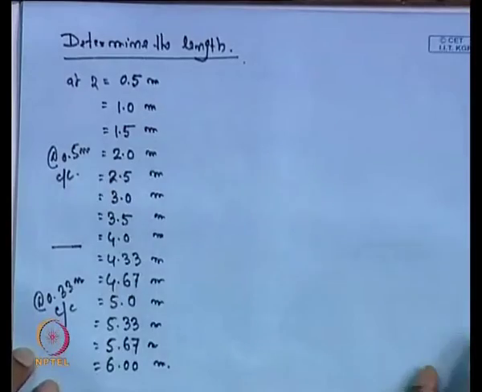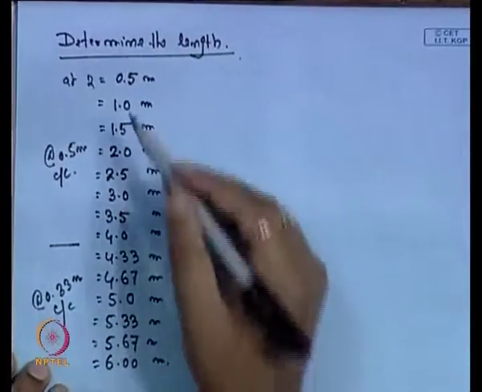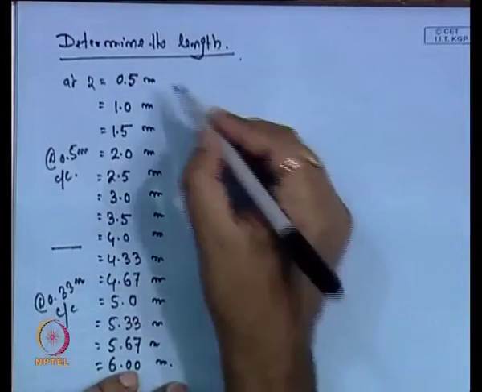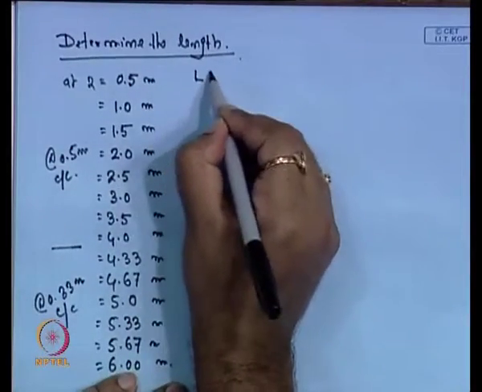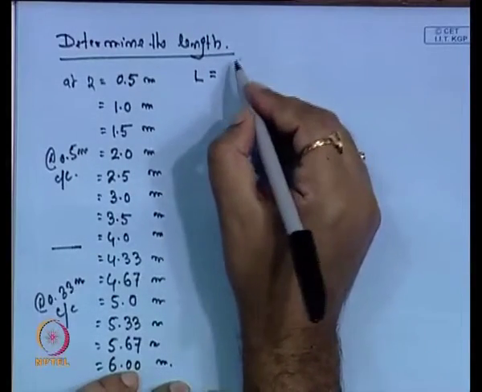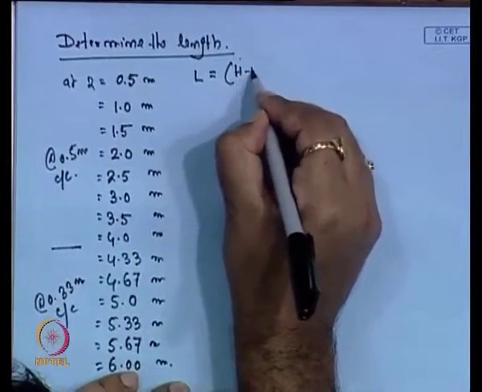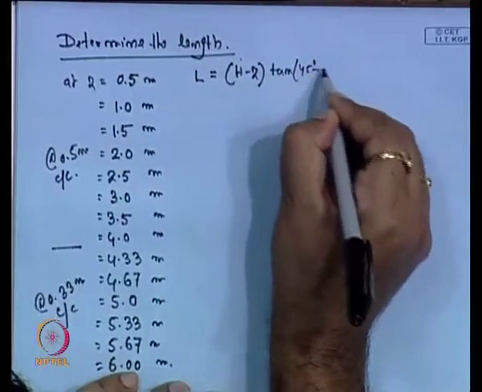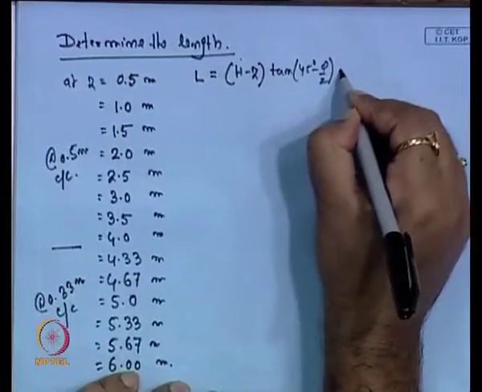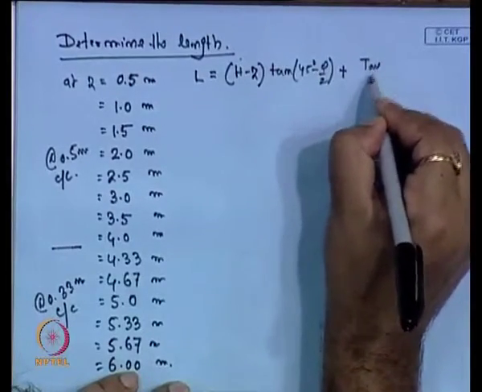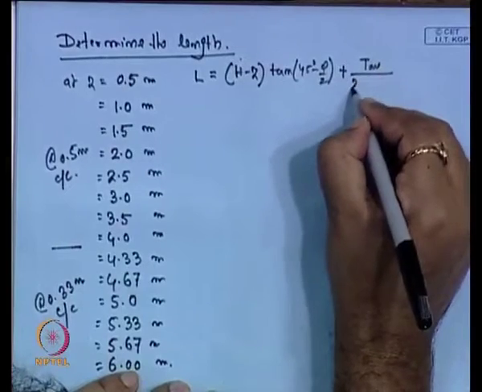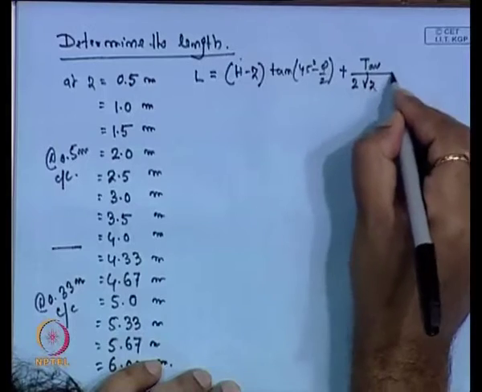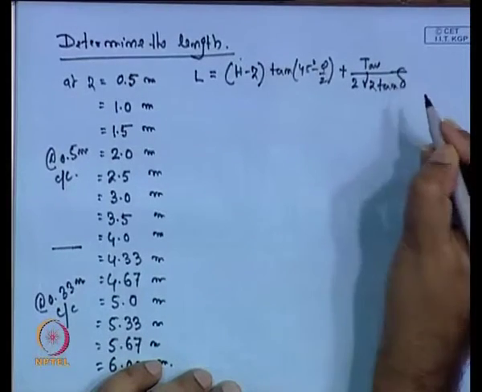These are the total 14 reinforcement layers and their corresponding depths. Now, at every depth we have to calculate the length. If I consider the first layer, the length is H minus Z into tan 45 degree minus 5 by 2, then plus T allowable divided by 2 as C is 0. So, this is gamma into Z into tan delta.